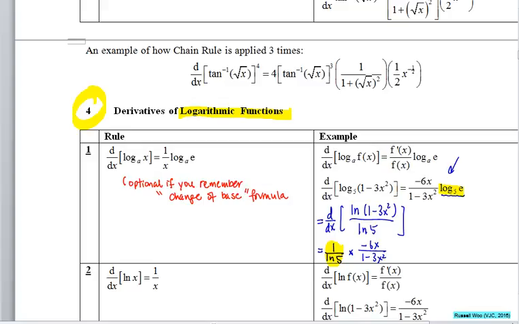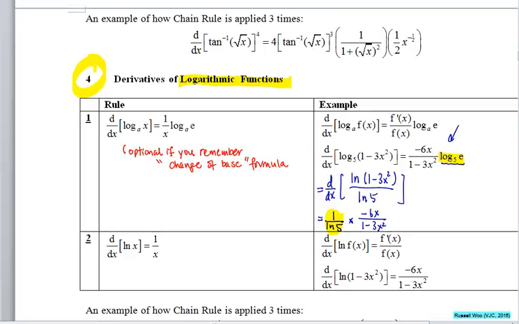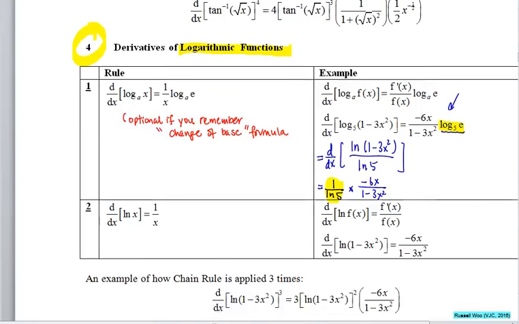This and this are exactly the same. So there you have it. So my point is this, you do not need to memorize this if you know how to do change of base. Okay? Alright, good. Got that? Okay? You know how to do change of base, you do not need to memorize that.